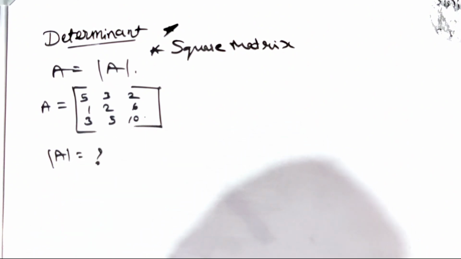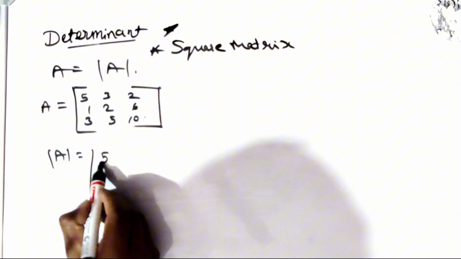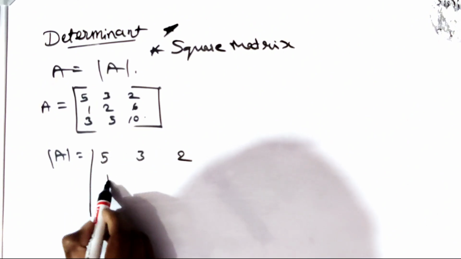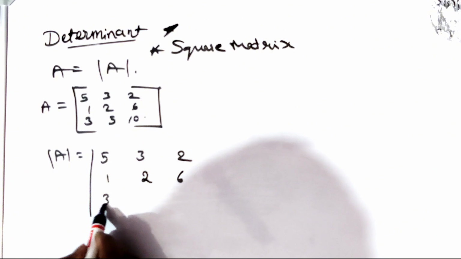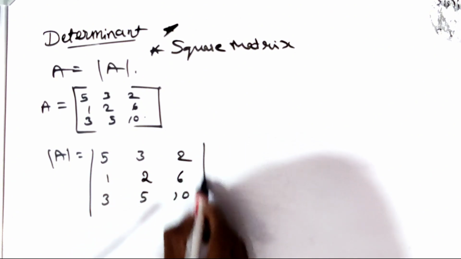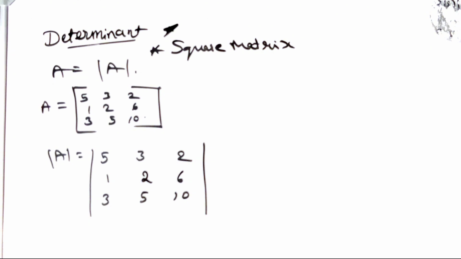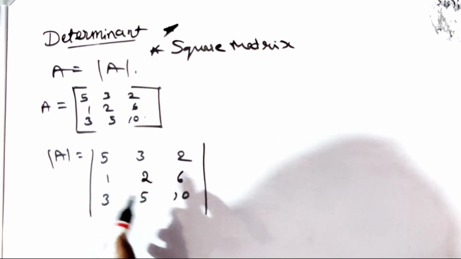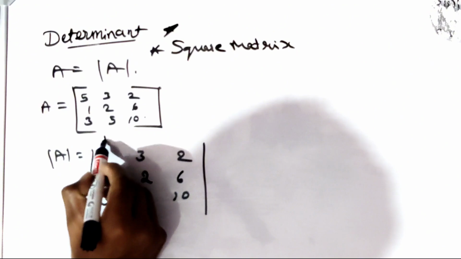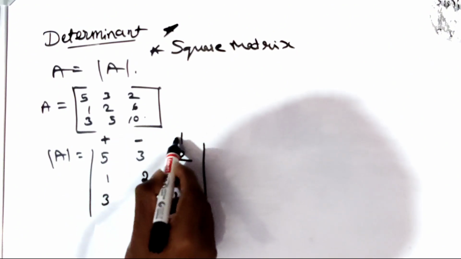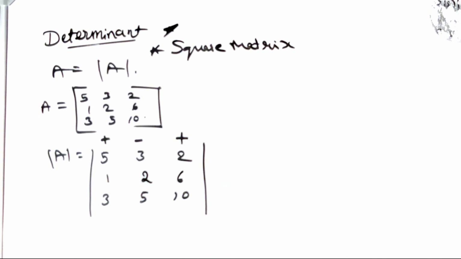So the determinant is given by, we'll write it as it is: 5, 3, 2; 1, 2, 6; 3, 5, 10. Then we apply signs like this: plus, minus, plus, alternating positive and negative signs.